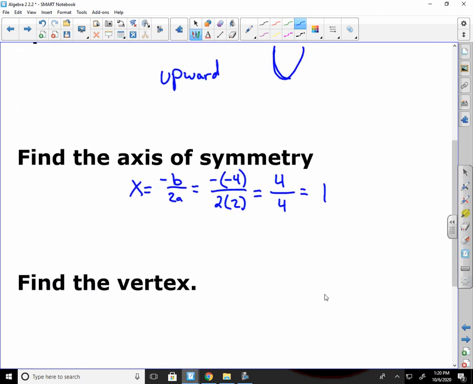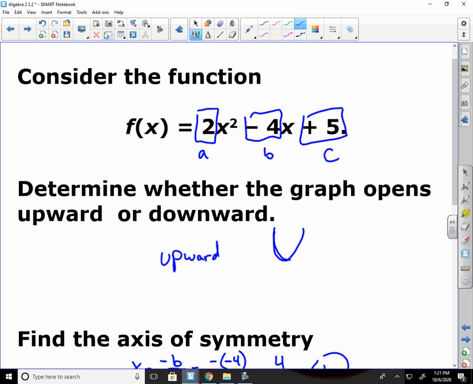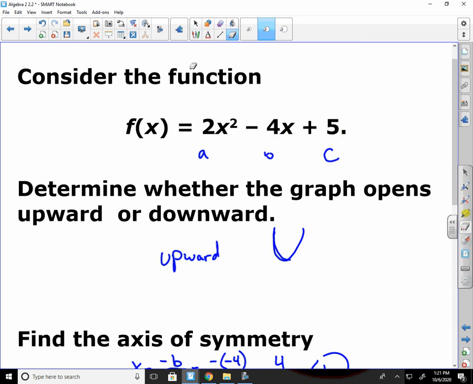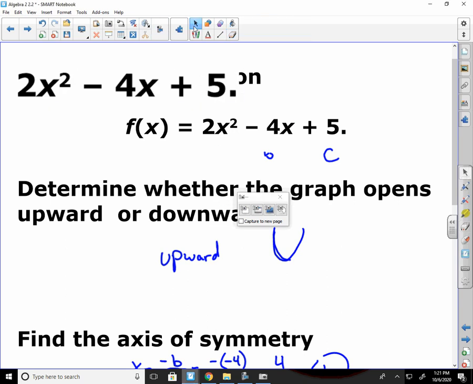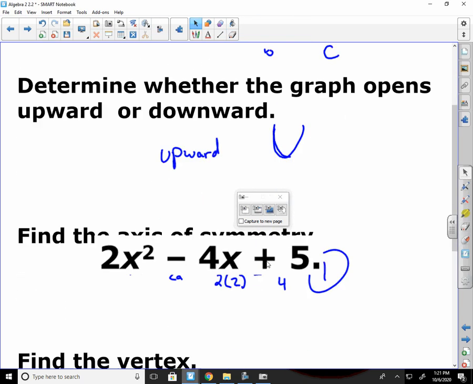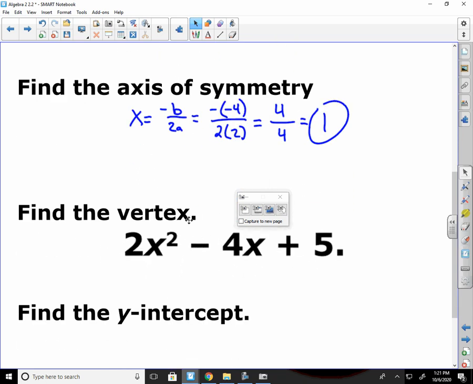Then find the vertex. To find the vertex, we take this axis of symmetry we just found, the 1, and we plug it into the formula. So I'm replacing every x value with a 1.